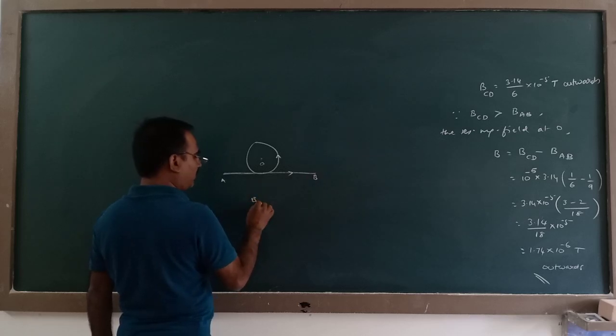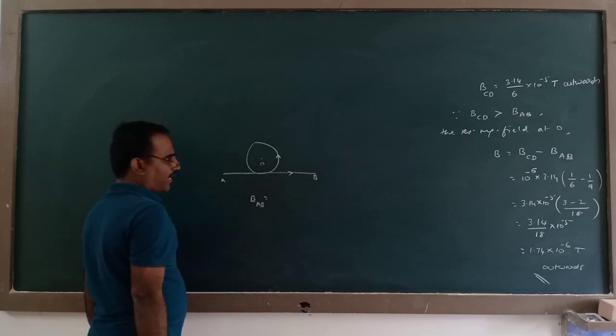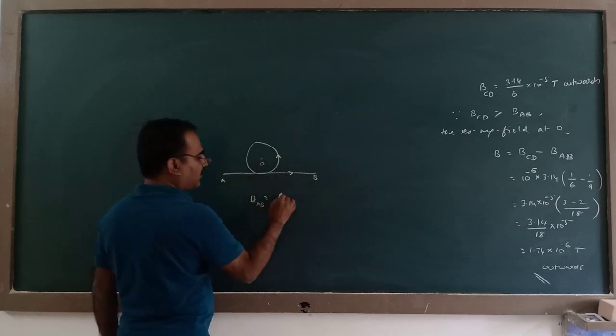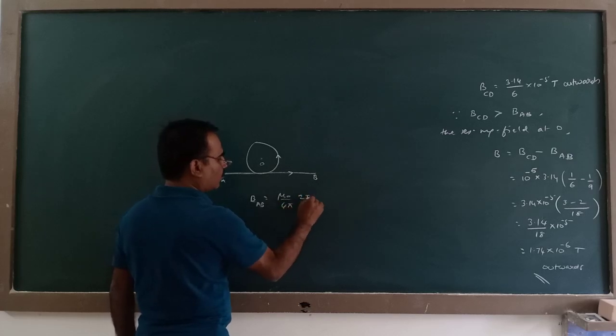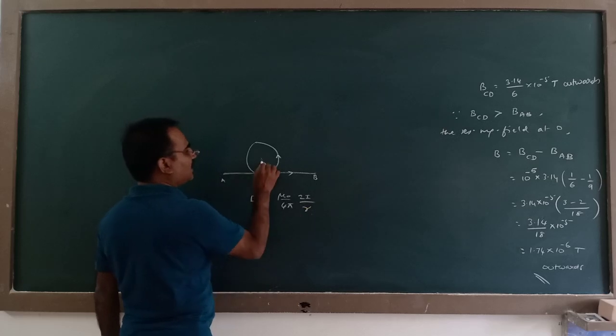So the magnetic field due to AB is given by mu naught by 4 pi 2I divided by R, where R is this length.